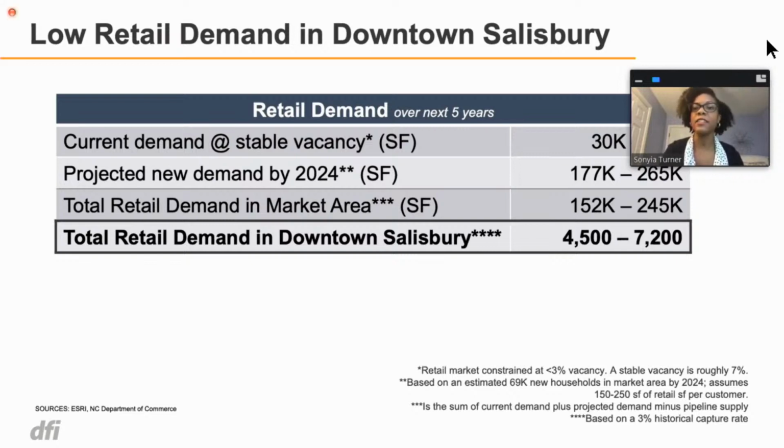We find that this is largely due to the large project potentially coming online, the Empire Hotel, and the amount of square footage that that would bring. And so that's why these numbers appear a little lower.